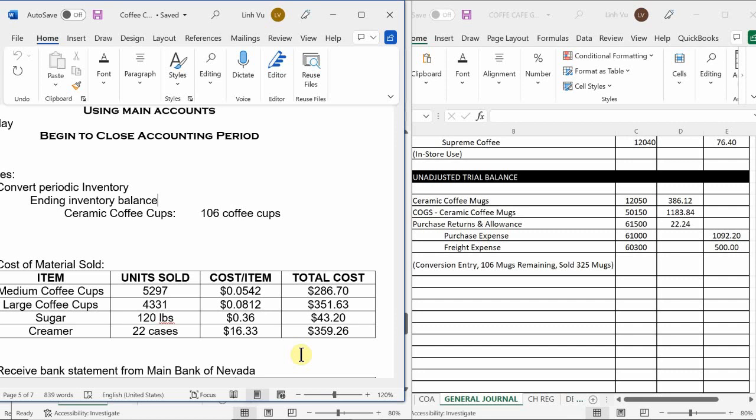When I made a purchase of my coffee cups, I debited my account. I'm adding to it. So in this case, I would be crediting my medium coffee cups, crediting my large coffee cups, and so on and so forth.